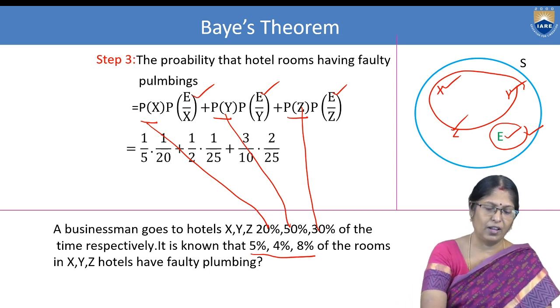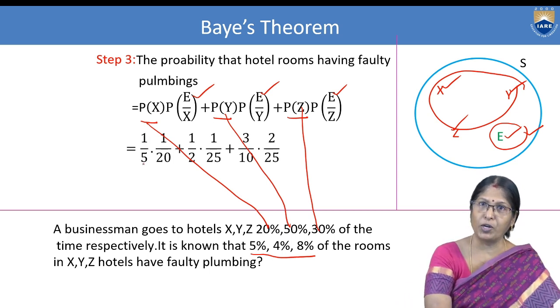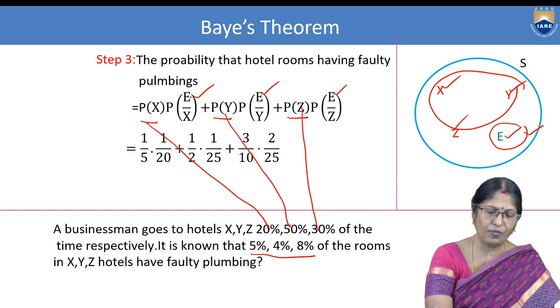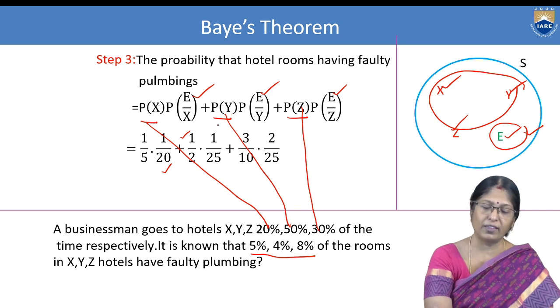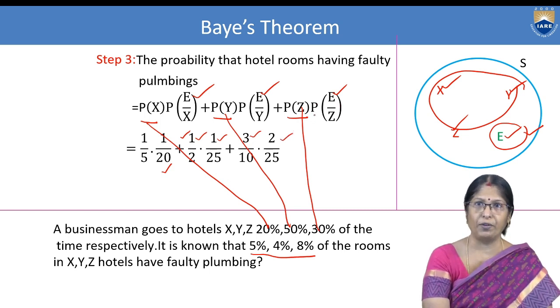The data: P of X is nothing but 1 by 5. P of E given X is nothing but 1 by 20, plus P of Y is nothing but 1 by 2. P of E given Y is nothing but 1 by 25. P of Z is nothing but 3 by 10. P of E given Z is nothing but 2 by 25.